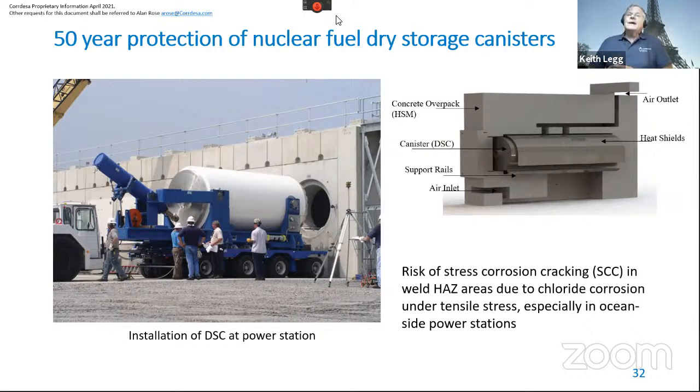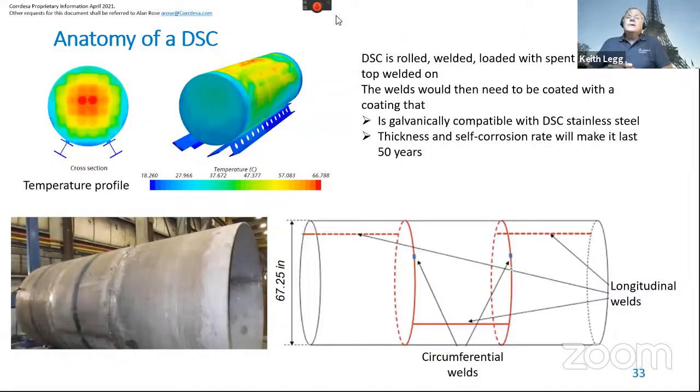So now they're making dry storage canisters, and then they are storing those in great big concrete revetments like this. But then the problem is, how can you be sure that's going to last 50 years, which is the length of time they have to last? So next, even if you could coat them with something that will make them last, how the heck are you going to do that?